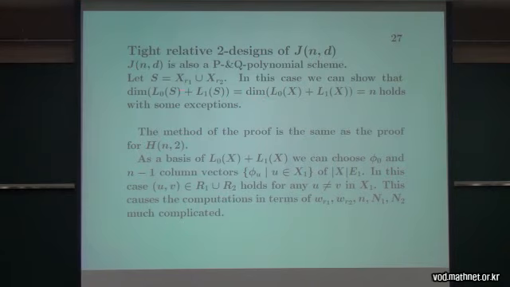In this case the dimension is equal to n, so the tight relative 2 design has cardinality n, and as a basis we can choose the constant function and n-1 column vectors from X1, and X1 is much larger than n.